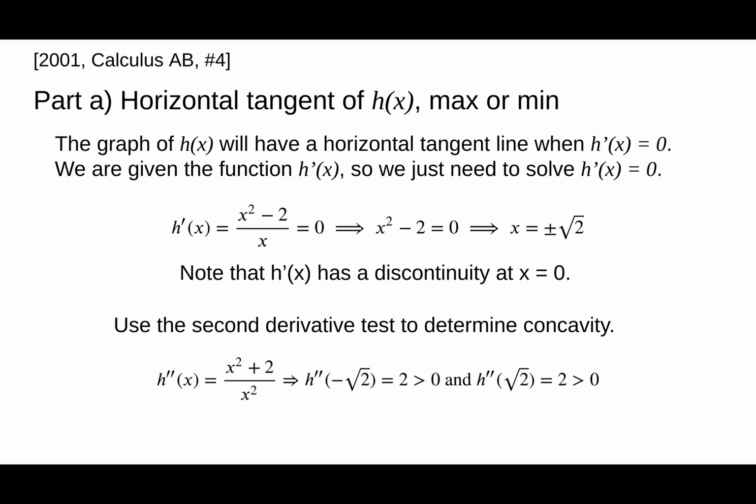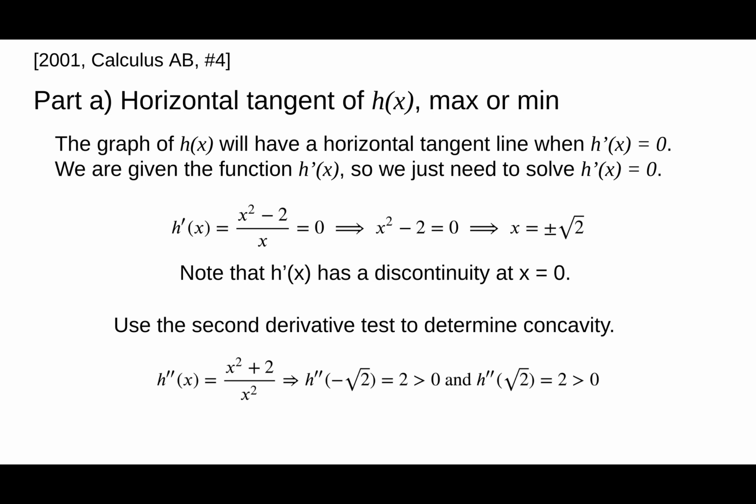positive square root 2, each of those turns out to be positive 2, and notice that since we get 2 both times, which is greater than 0, we can conclude based on this that the graph of h is concave up at x equals negative square root 2 and also at x equals positive square root 2.